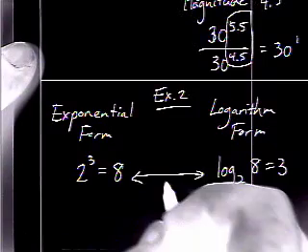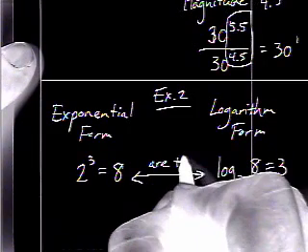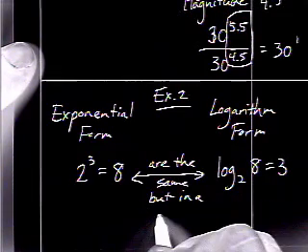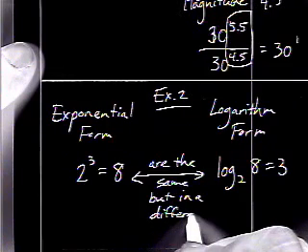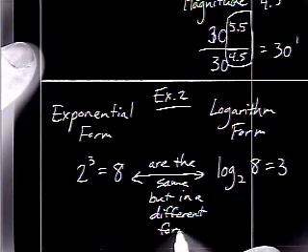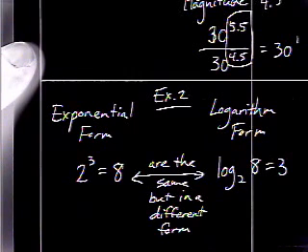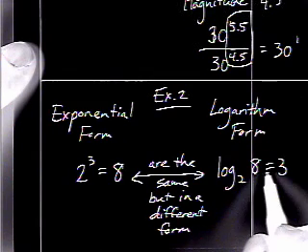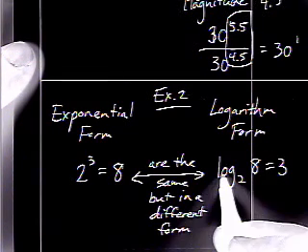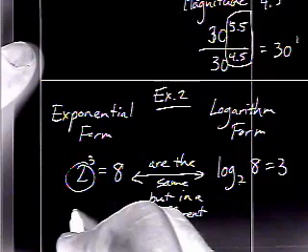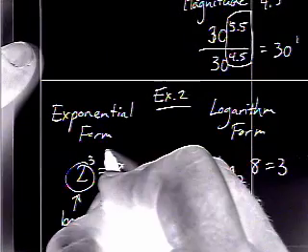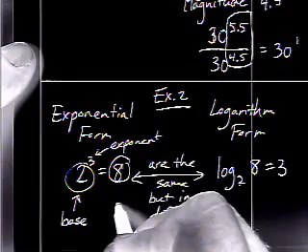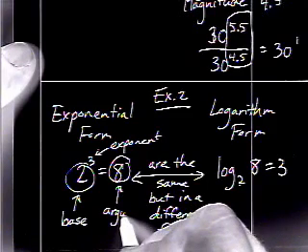So these two things are the same, but in a different form. The log base 2 of 8 equals 3. Log base 2, this is the base, this is the exponent. What it equals is called the argument.